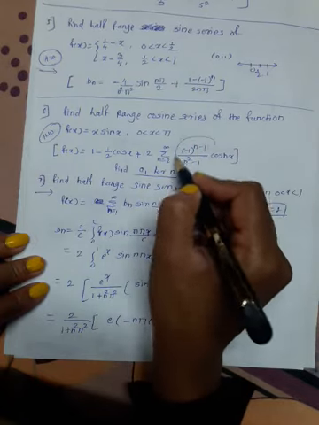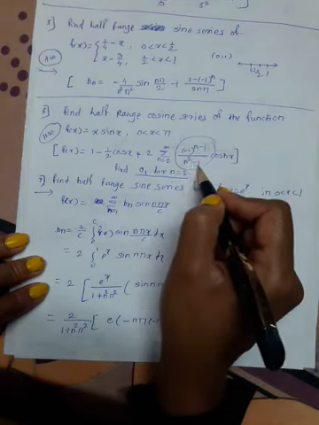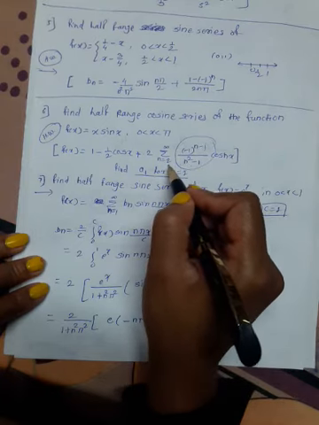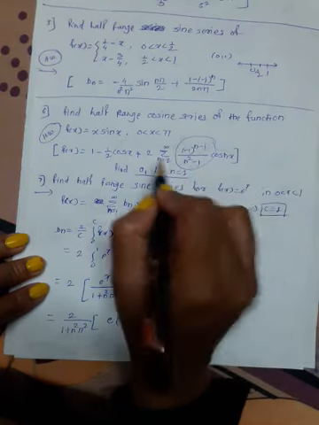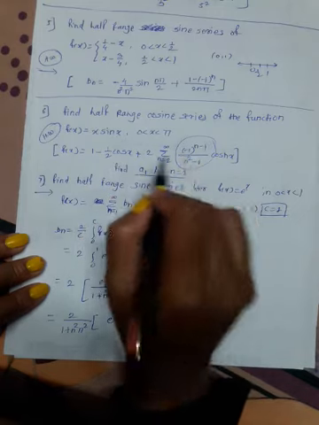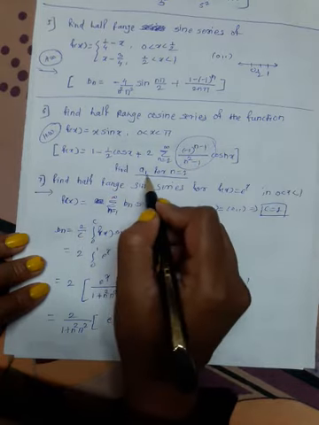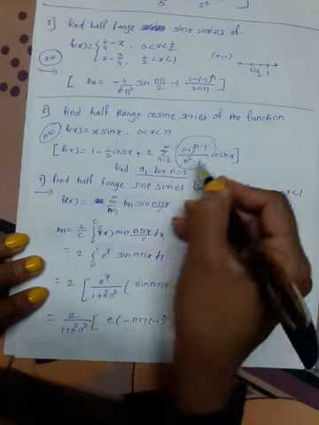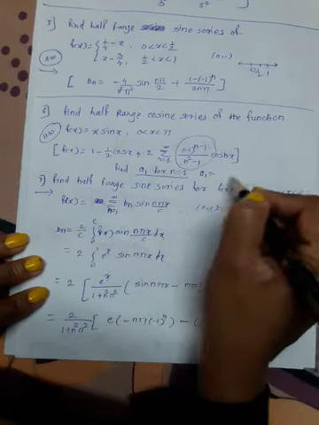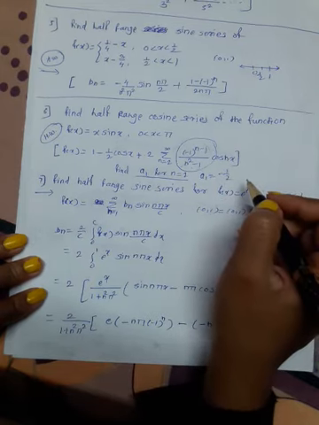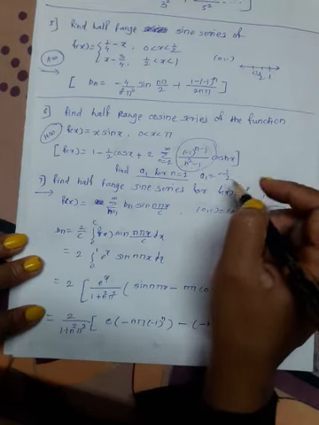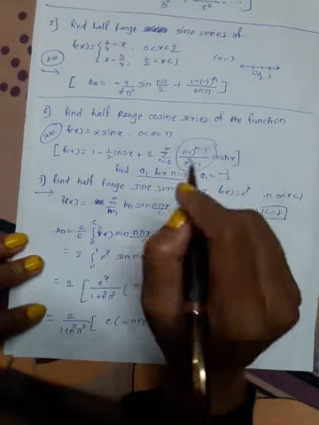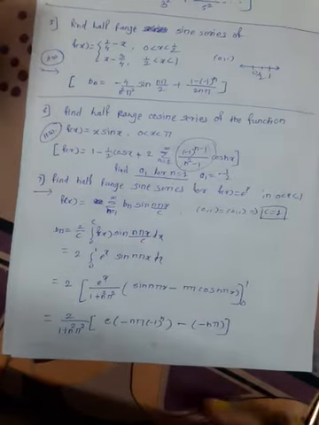N should not be equal to 1, n starts from 2 here, and for n is equal to 1 we have to calculate a1. It is a hint, find a1 for n is equal to 1, and that a1 becomes this term minus half and cos of 1x. Already we have seen one such example, you have to solve it like that.